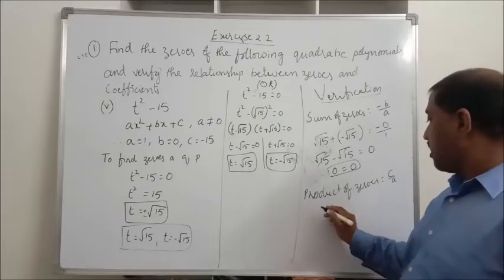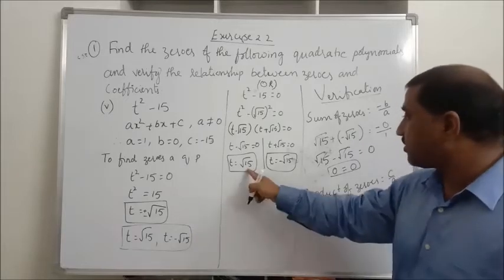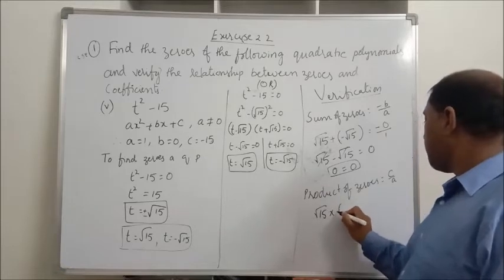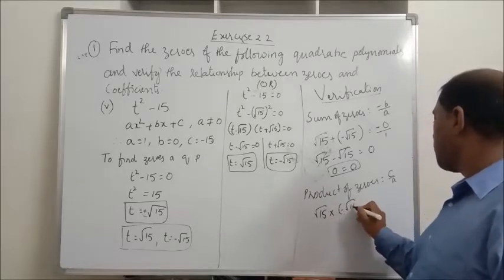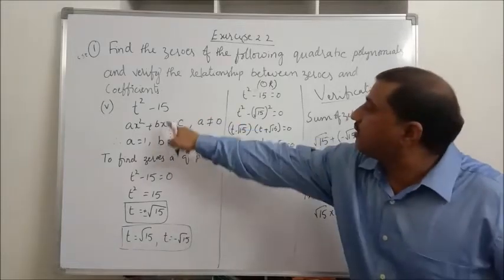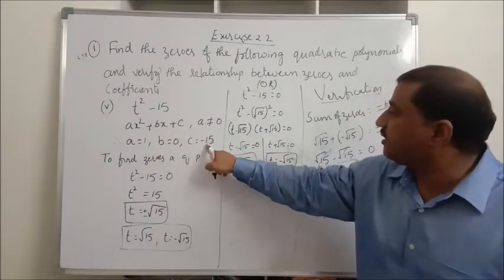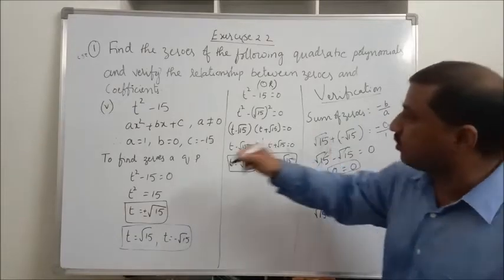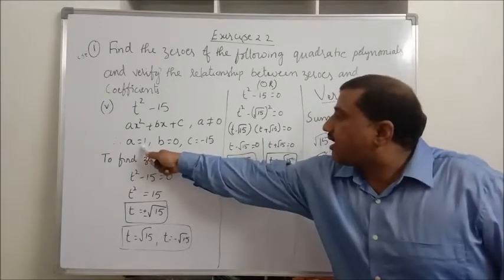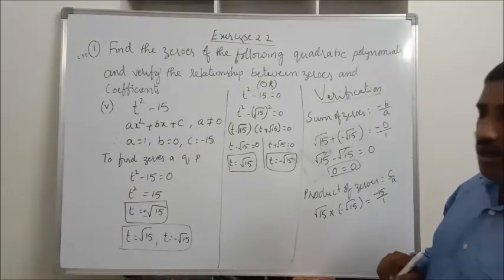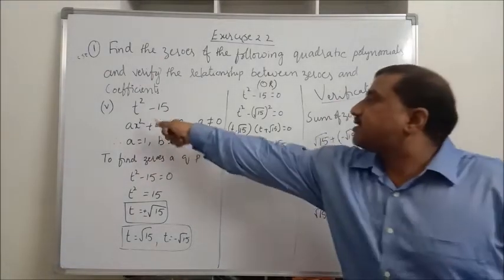Product means alpha into beta, that is first zero root 15 into second zero minus root 15, that is equals to c, the constant term, minus 15, divided by a, the coefficient of x square, which is 1. Here t is the variable.